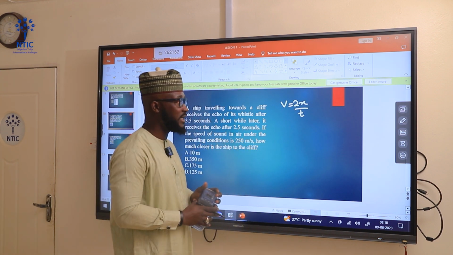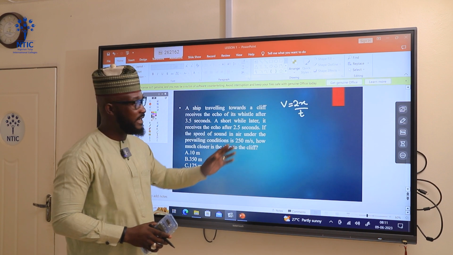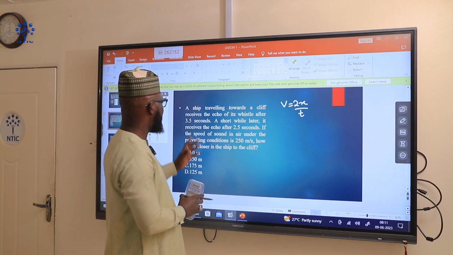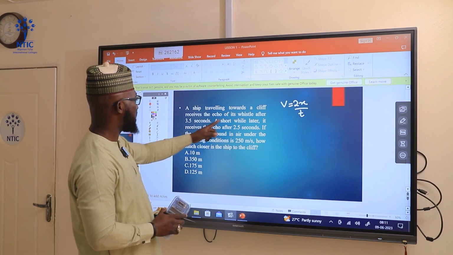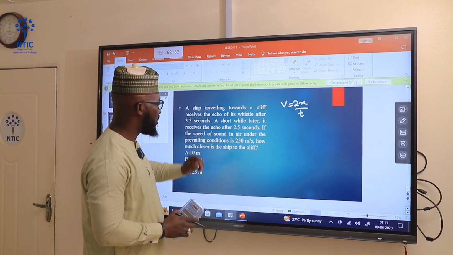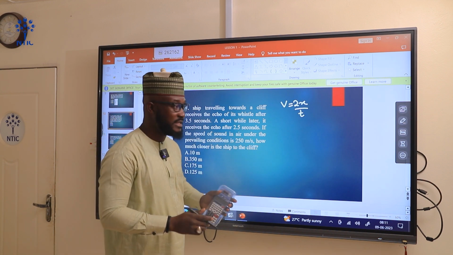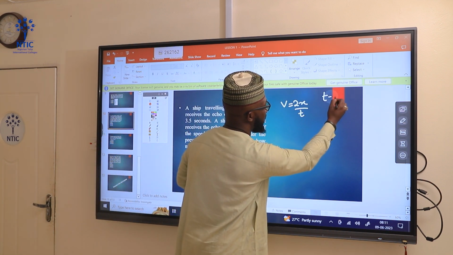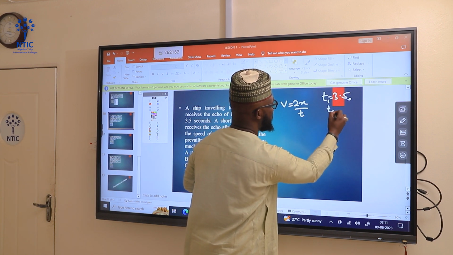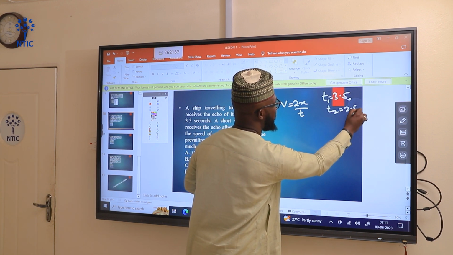This is the difference between the formula for speed and that of echo when dealing with echoes. So let's take the first case. The sound was heard 3.5 seconds later. The second case, 2.5 seconds later. So T1 will be 3.5 seconds, while T2 will be 2.5 seconds.